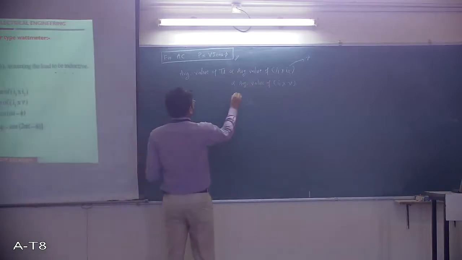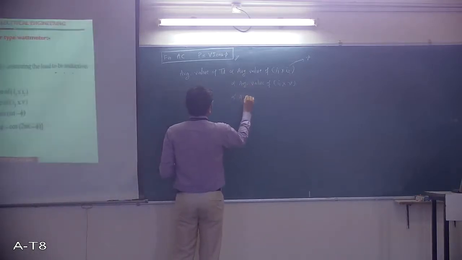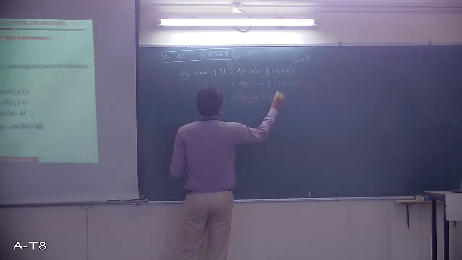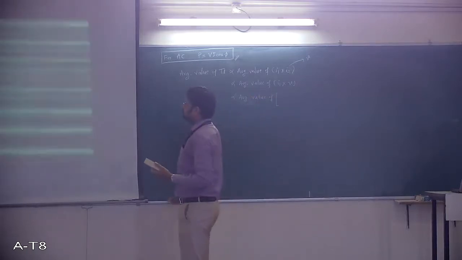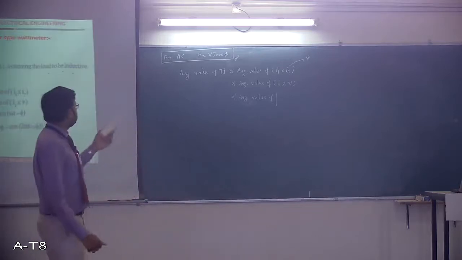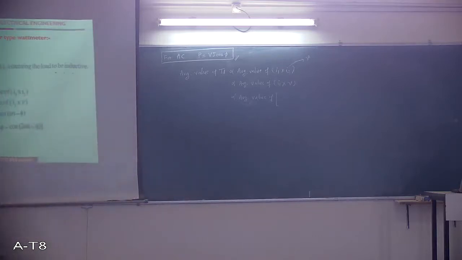So this is proportional to the average value of, now substitute the terms for V and I1. I have already defined what V is and what I1 is.